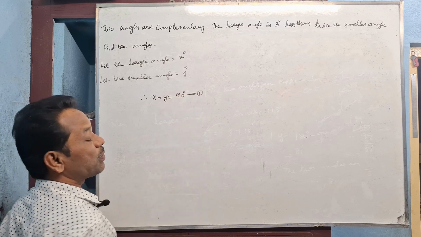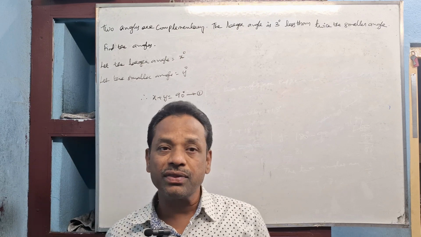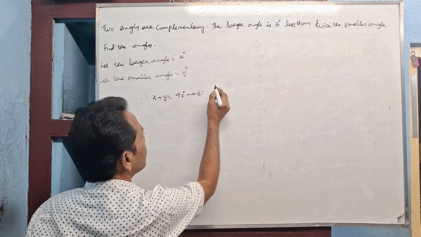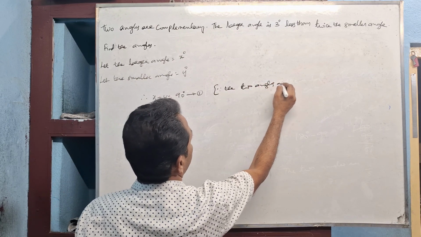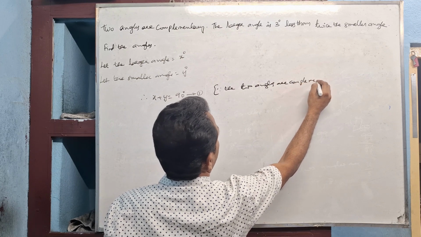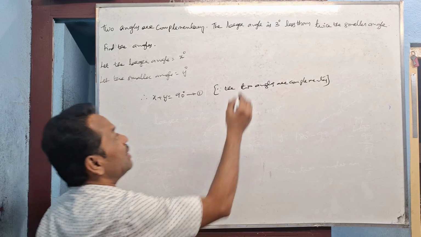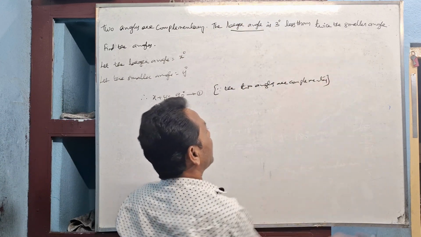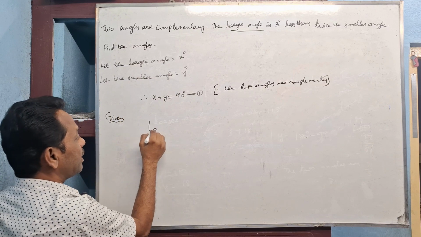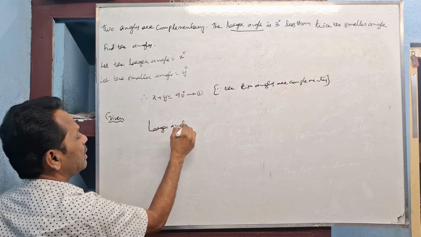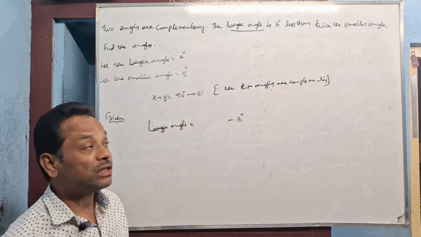So let me take this as equation 1. Given complementary angles, if the sum of two angles is 90 degrees, they are complementary angles. Now also given that the larger angle is 3 less than, observe carefully, what?